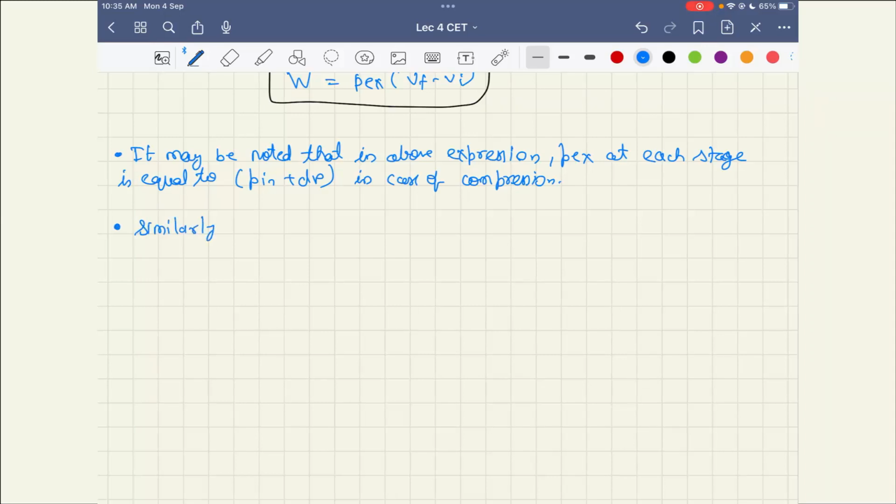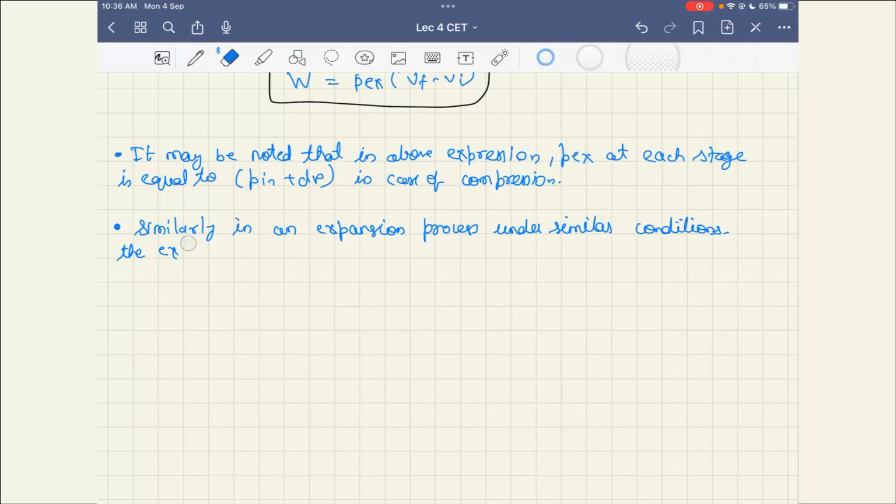Similarly, in an expansion process, under similar conditions, the external pressure is always less than the pressure of the system.